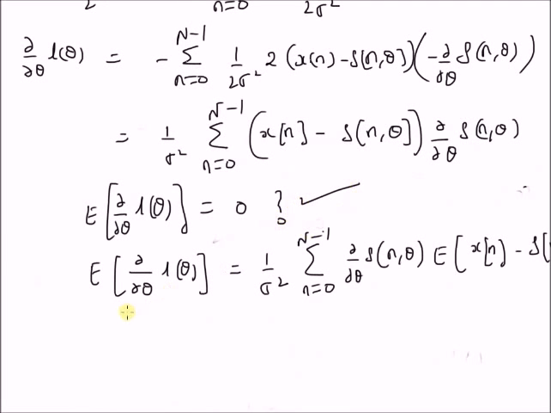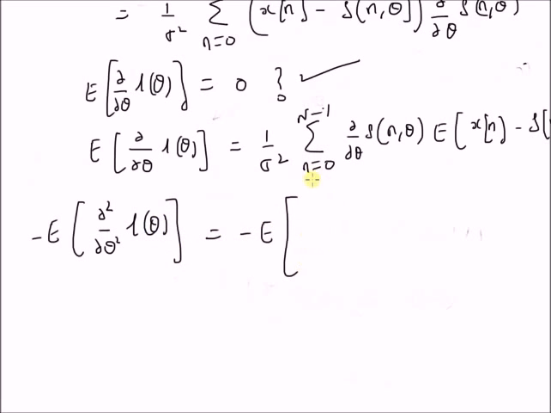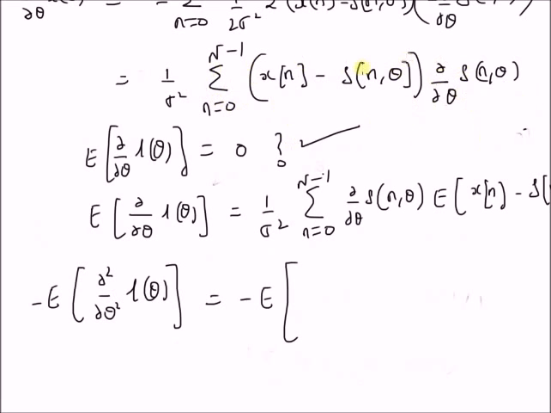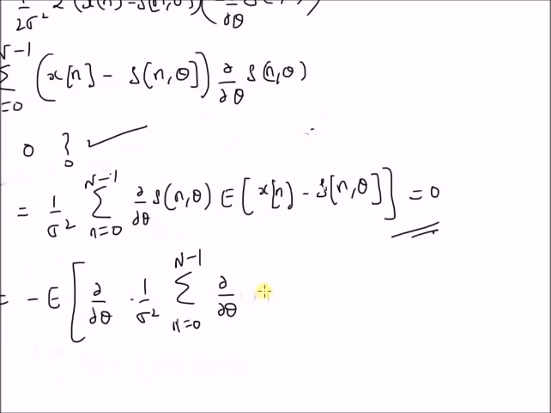So this is true. Now we want to look at the negative expectation of the second derivative of the log likelihood function, which is equal to minus expectation of the derivative of the result here. That is, we have the derivative of 1 by sigma square summation n equal to 0 to n minus 1, the first derivative of the signal, that is s of n comma theta, multiplied by the difference x of n minus s of n comma theta.